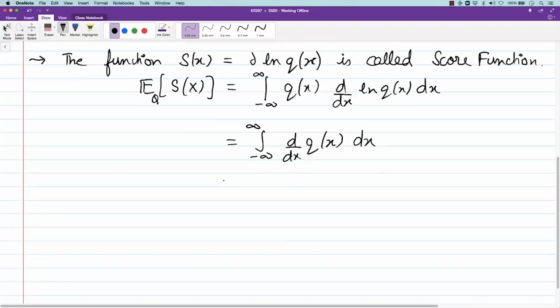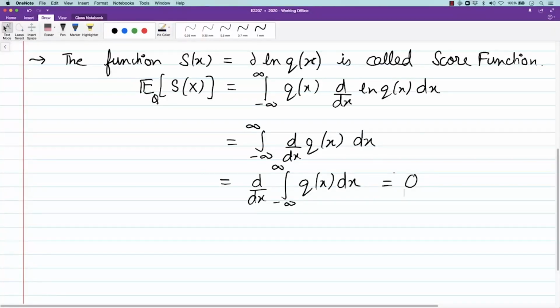Now, under some simple condition, we can take this derivative outside, and this integral is always 1, so this becomes 0.